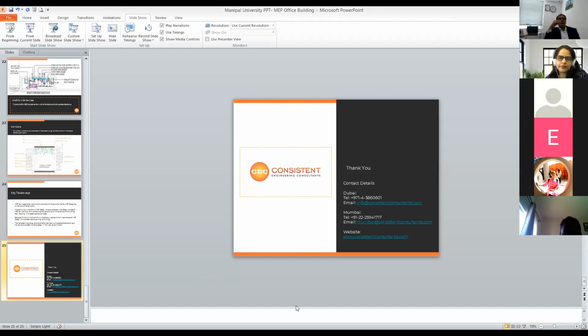So intermediate, say, if the building is at 90-meter level, we can have the refuge space. That space is also used as a pressure braking system. As I mentioned, beyond 12 bar, we don't allow the pressure to get built up in the buildings. So 90-meter to 100-meter is the normally recommended space. So for this, it will be only one refuge floor.